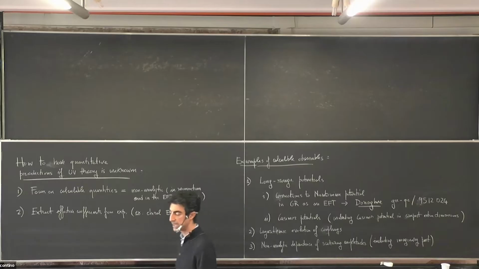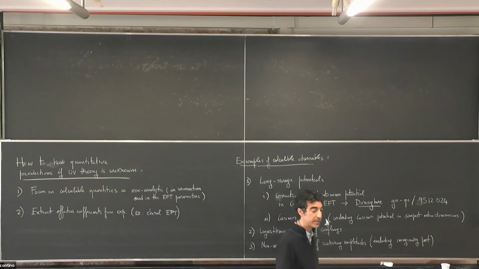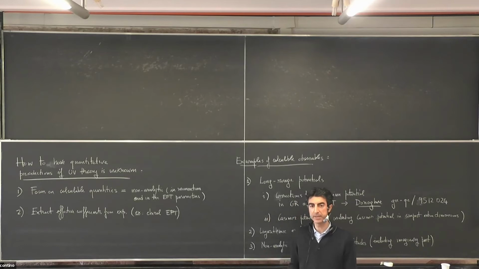When we compute the imaginary part of scattering amplitudes, what forbids us to reconstruct the complete scattering amplitude using dispersion relations? Yes, that's a good question. You can, but eventually you will see that there will be terms.